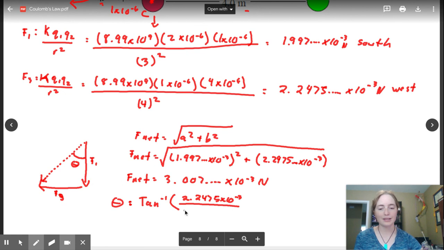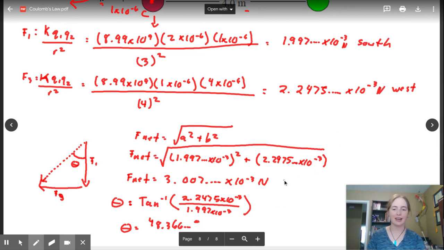F1 is your adjacent, so 1.997 times 10 to the power of negative 3. Make sure your calculator's in degrees. We don't want to have a rad time. Radians. Once you put that in your calculator, you are going to get your value of theta to be 48.366... degrees.